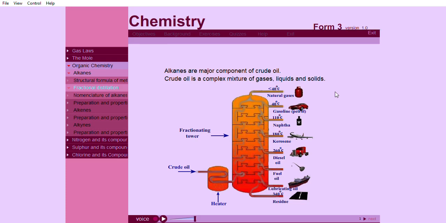Crude oil is first heated, then passed into the fractional tower where it separates into different fractions. The different components or fractions separate because they have different boiling points. The smaller molecules with lower boiling points condense up the tower. The bigger molecules with higher boiling points condense in the lower half of the tower and are collected.